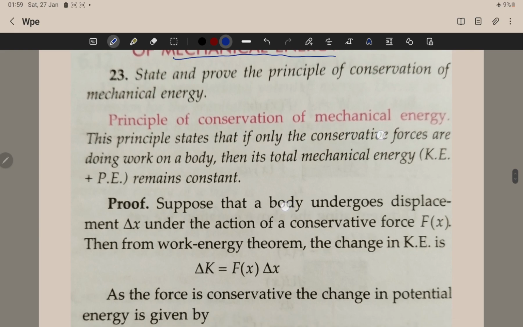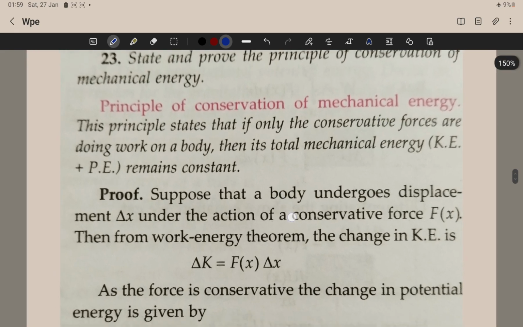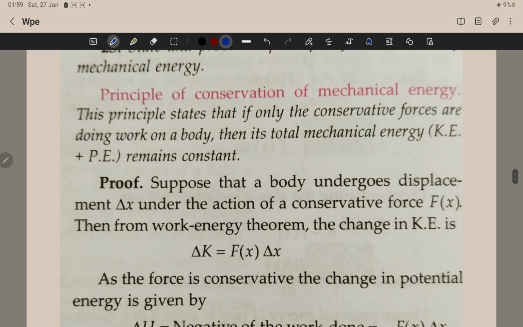The principle states that only the conservative forces are doing the work. There is an assumption that if only the conservative forces are doing work on a body, then only this principle of conservation of mechanical energy will be applicable.